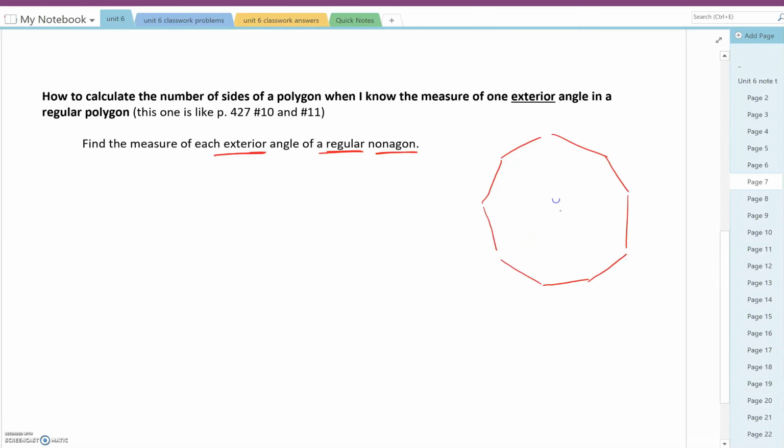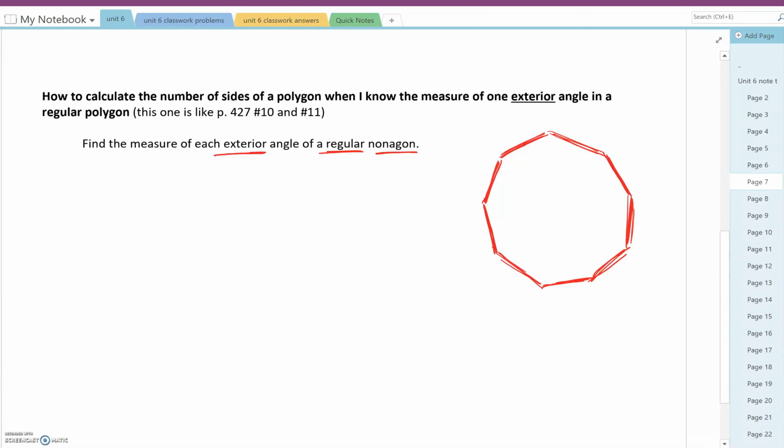So here is a poorly drawn nonagon. 9 sides. And if I was a better artist, the sides would be congruent because it's a regular nonagon. This will have to do.